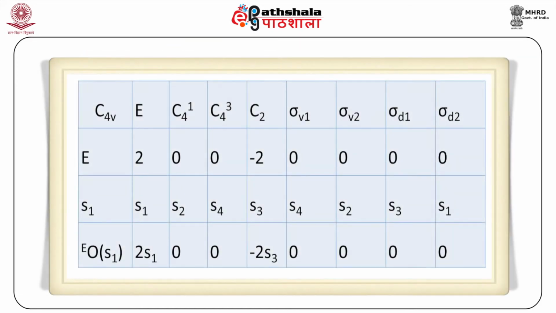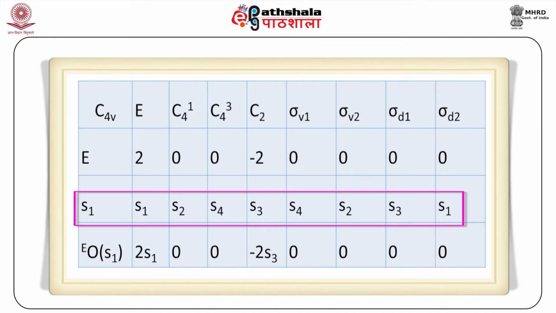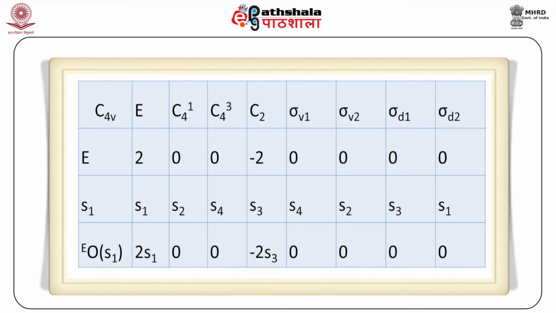If we make use of the transformation operator corresponding to E, let us try to operate on S1. The results for this are again given in the table, that is S1 goes as S1, S2, S4, S3, S4, S2, S3, S1 like this, and the net result which we are getting is shown over here.